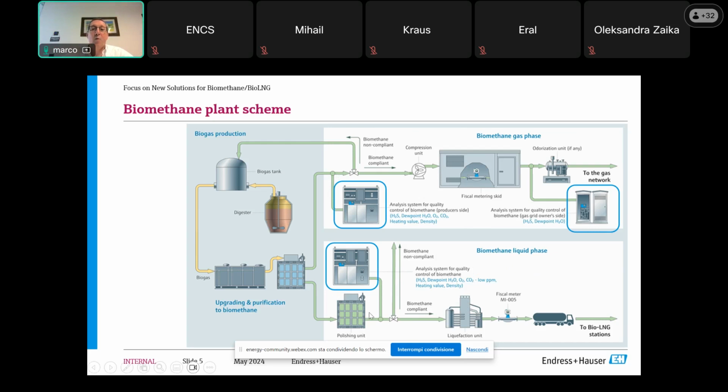We have an additional polishing unit to decrease the concentration of CO2, which is in the standard biomethane in percentage. If I want to liquefy the biomethane, I have to decrease the CO2 concentration below 50 parts per million. Otherwise, the CO2 at low temperature turns to ice.